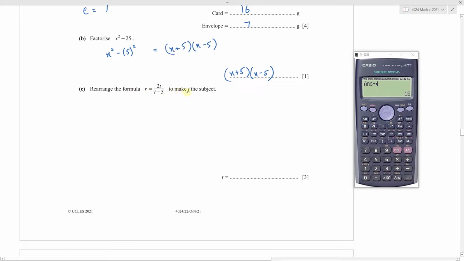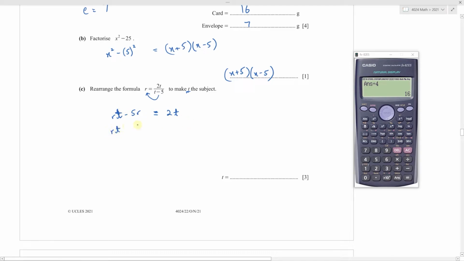Rearrange the formula to make t the subject. To make t the subject, let's take this and multiply here. rt minus 5r will equal 2t. And then let's bring the terms with t on one side and the rest of the terms on the other side.